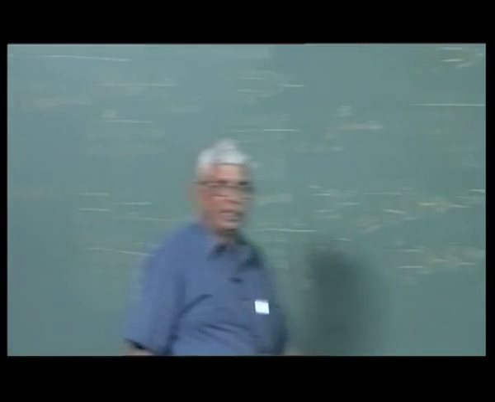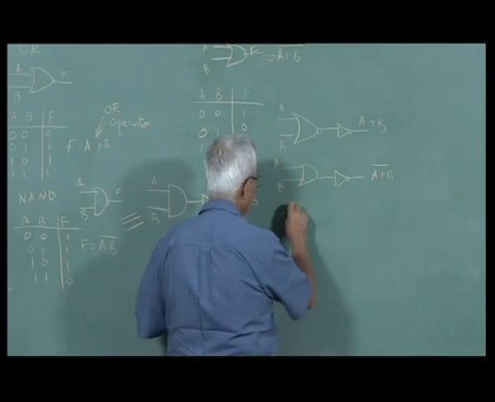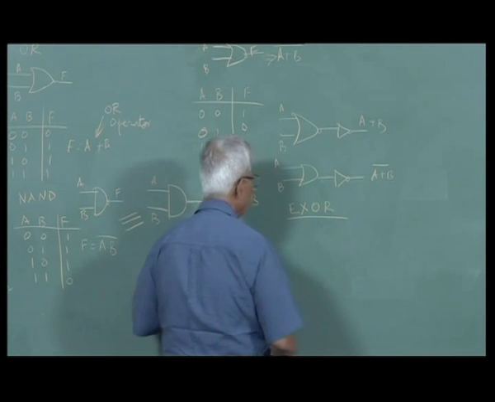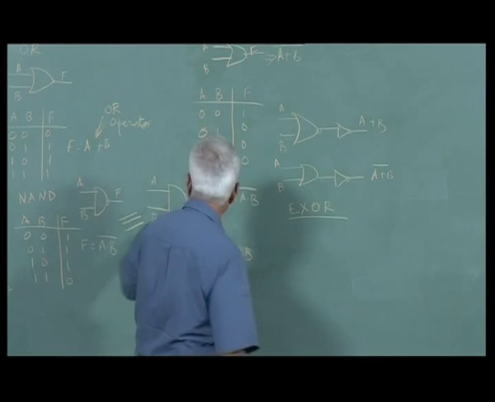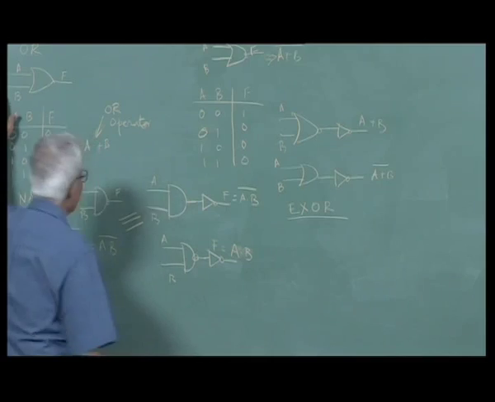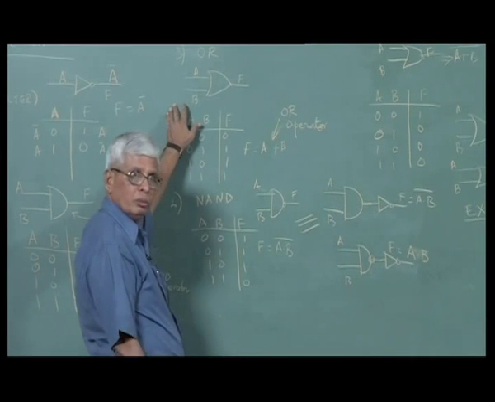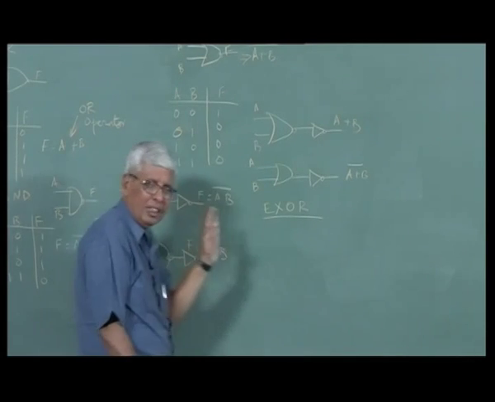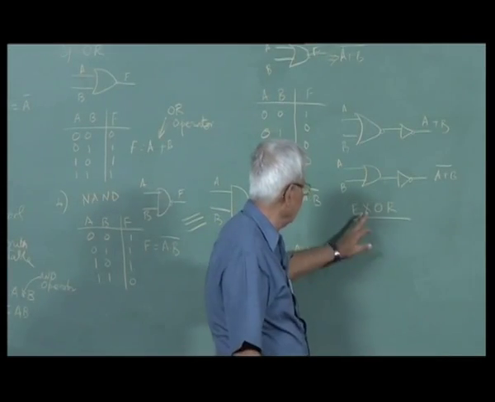And finally there is one more gate called the exclusive OR gate, which is very frequently used, a very elegant gate. It's called exclusive OR. This is inclusive OR. We don't say inclusive OR, we say OR. This is exclusive OR.